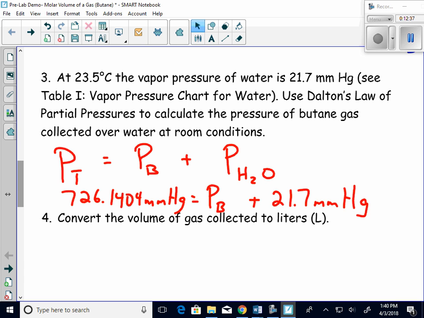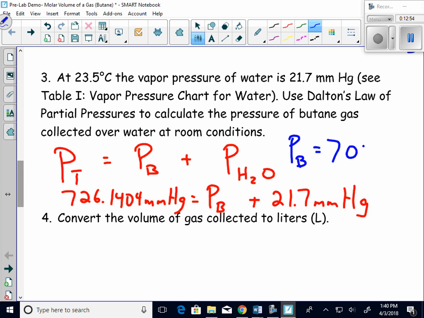So I take the 726.1404 and subtract 21.7. The pressure of the butane gas is going to be 704.4404 millimeters of mercury. Once again, I took the 726.1404 and subtracted 21.7 millimeters of mercury.